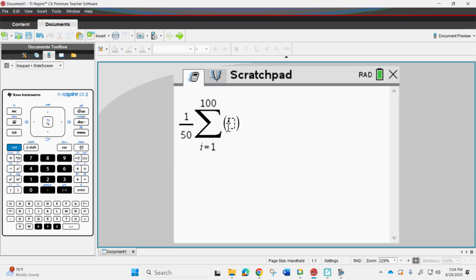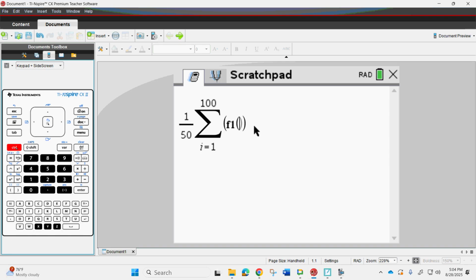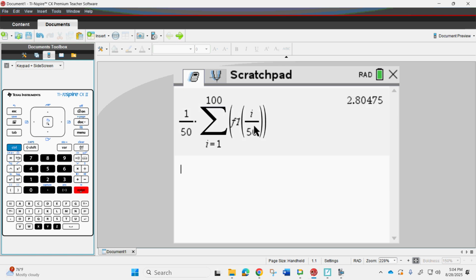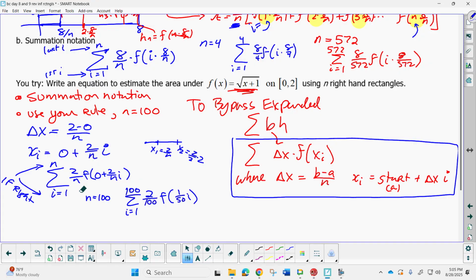It's going to be distributed either to every term or factored out front. Inside is the function at 1/50th i, or i over 50 if you like. If I did this well, I get an estimate of the area as 2.80475. That's my estimate. I hope that's what you got. How'd you do?